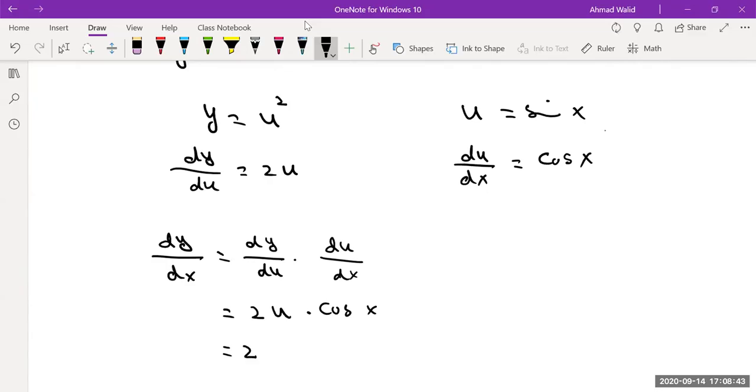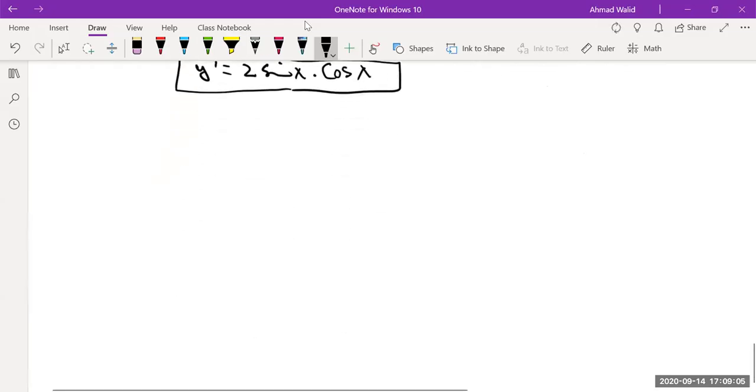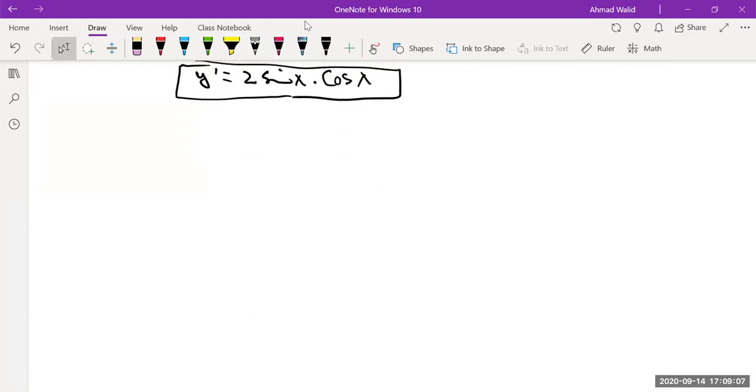Your u is, look here, sine x. Then 2 sine x times cosine x. That's it. That's your derivative, your y prime or dy dx. As long as you have the understanding of the chain rule, then it gets easy. Let me do another different example for you.